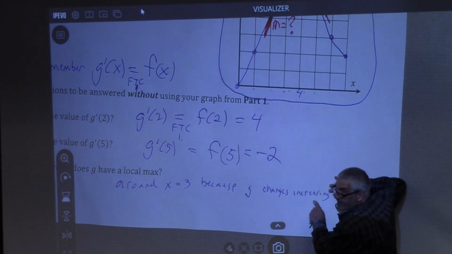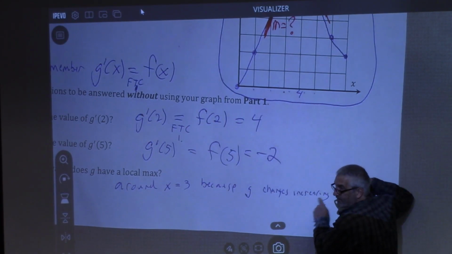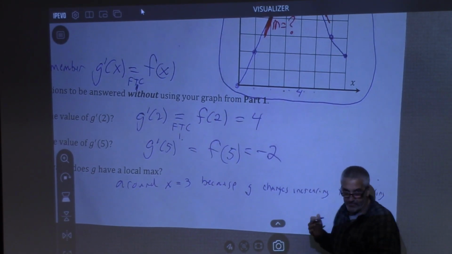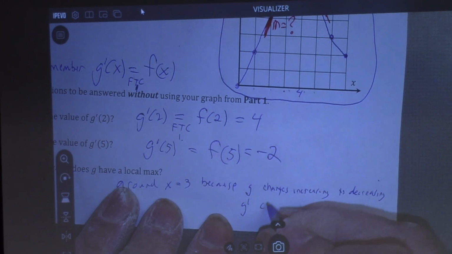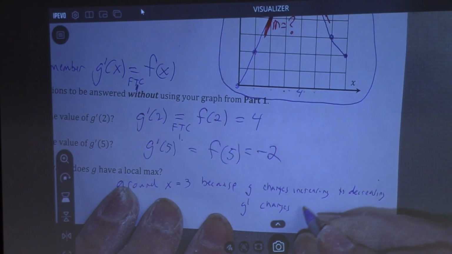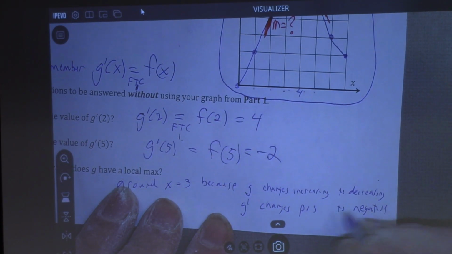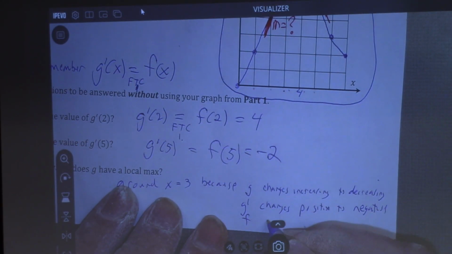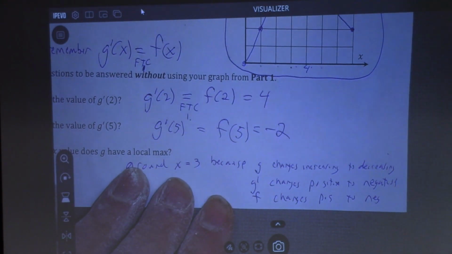If g is increasing, what's that tell you about g prime? Positive. If g is decreasing, g prime is negative. So that means that g prime changes from positive to negative. Oh, but g prime is f, so f has to change from positive to negative.